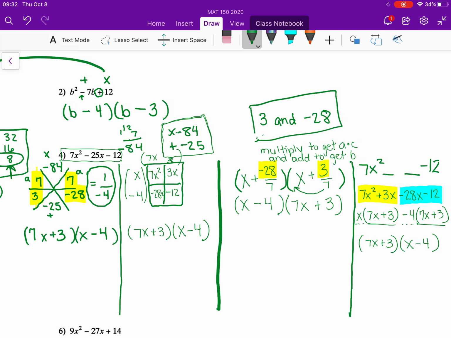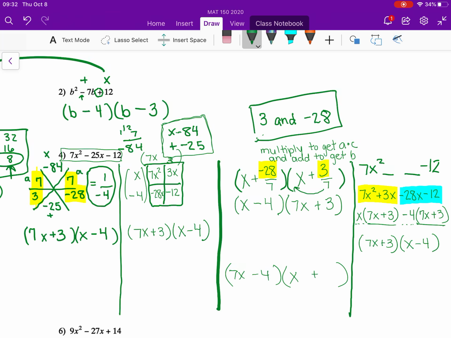Okay, so pick your favorite way. If you are just a guess and checker, that is okay. What that means is that you just open up 2 of these and you play, you think, all right, 7, the only numbers are 1 and 7, so I know one has to be 7x and one of them has to be 1x. And then you look at that last number and you think, all right, what are all the things to multiply to get negative 12?